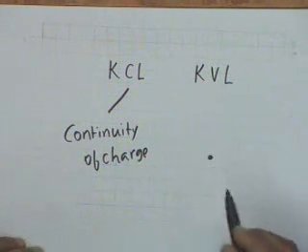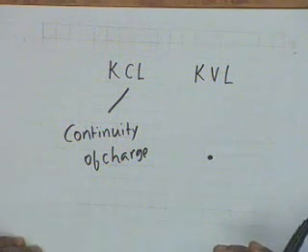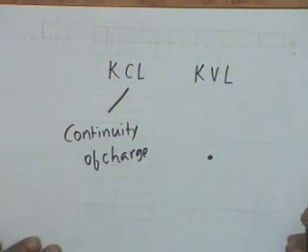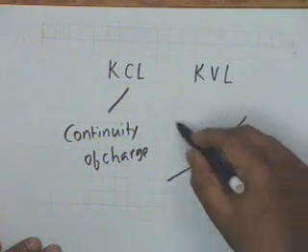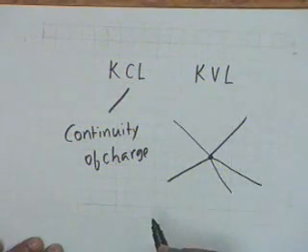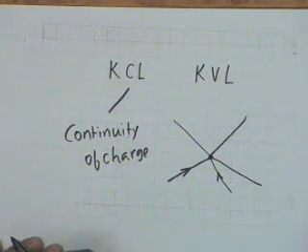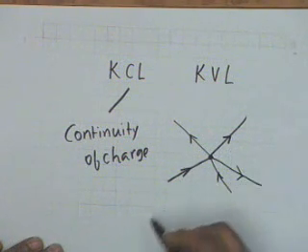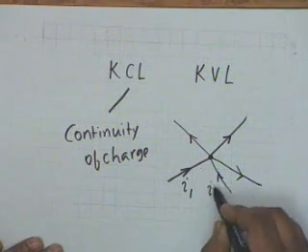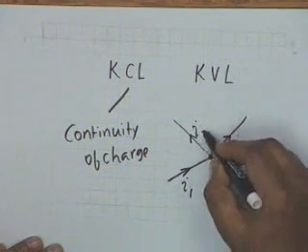That is, if we have a node, any point in the network where two or more branches meet is called a node. If we have a number of branches meeting at this point, through some, currents arrive at the node, through others the current leaves the node, and let us say these currents are I1, I2, I3, I4 and I5.